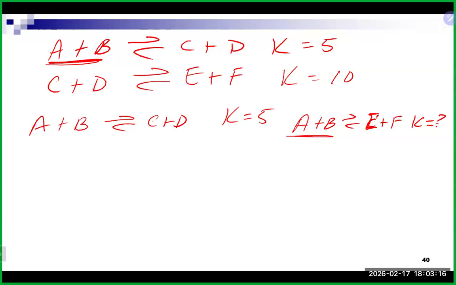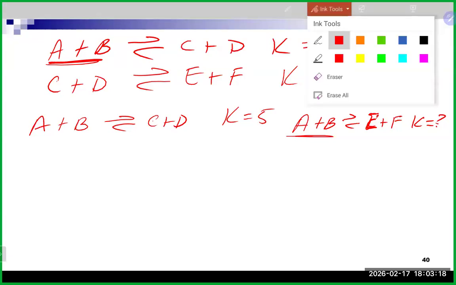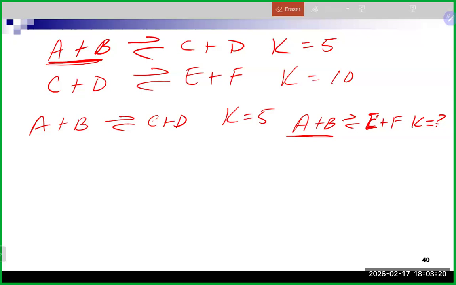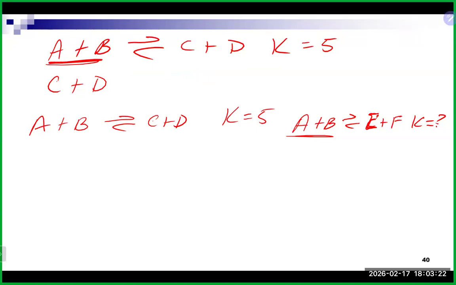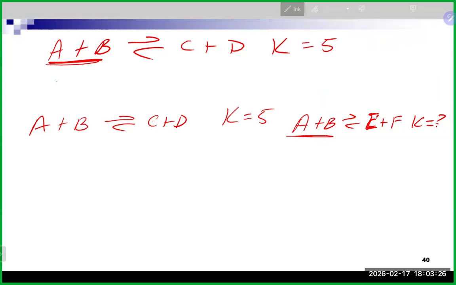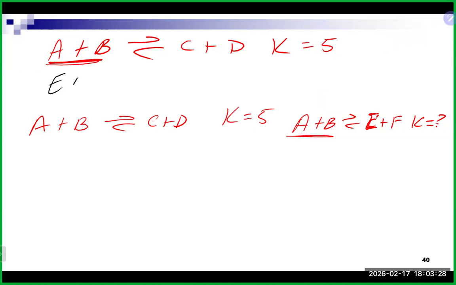Now, actually, let's just change this a little bit to make us do something here. So let's just say this was E plus F goes to C plus D, and K we'll keep at 10.